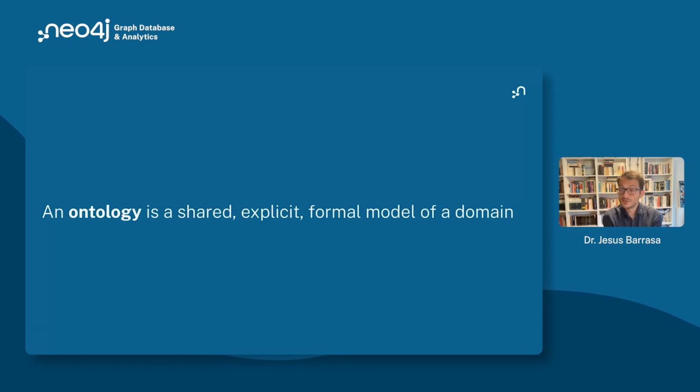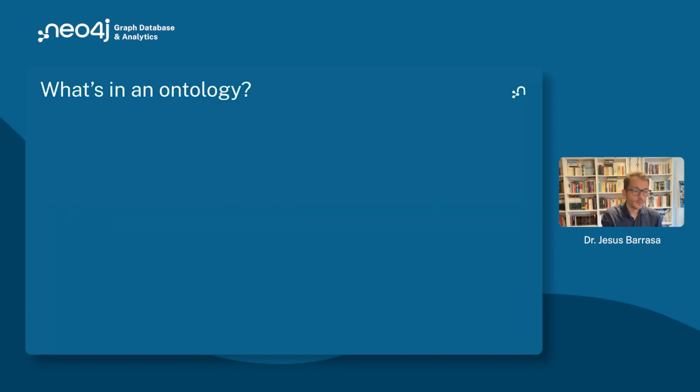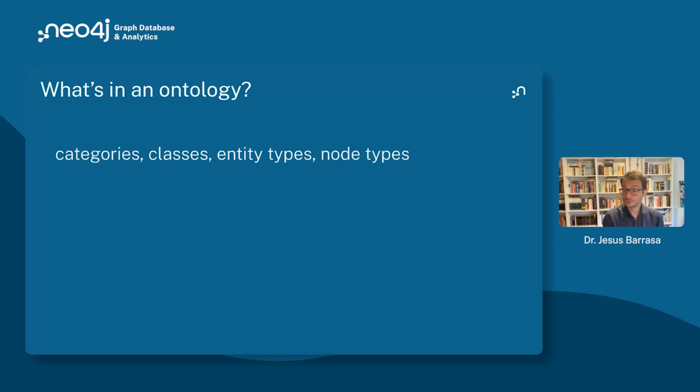And what's in a domain model? What are the key elements that we will want to use to describe, again, this telecoms domain, this life science, pharma domain, this finance domain? Well, we will use things like categories, like classes. What are the types of entities? We sometimes call them node types that exist in my domain.